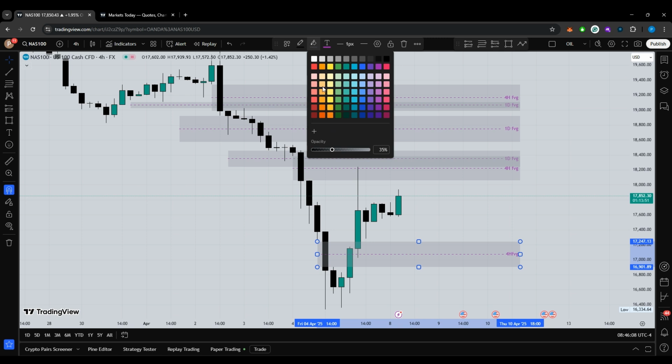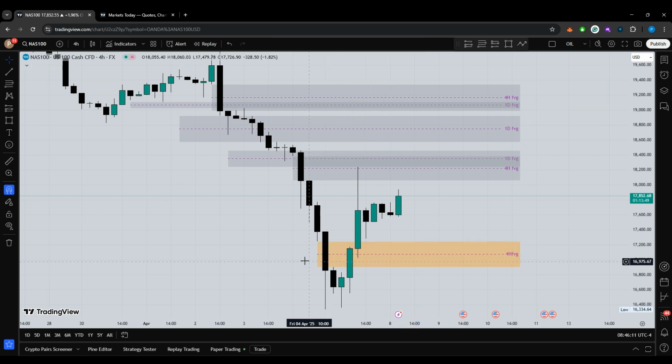This one we're going to put in orange because it's an inversion, because we went through it over here. And then when we come back into it, it's going to maybe act as support, right? Or a zone of interest for buying, for the algorithm to start to spool again. After that, we got from here to here.